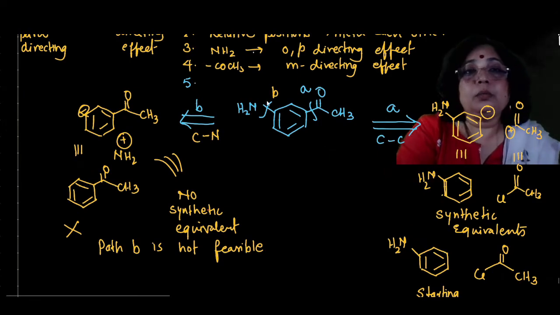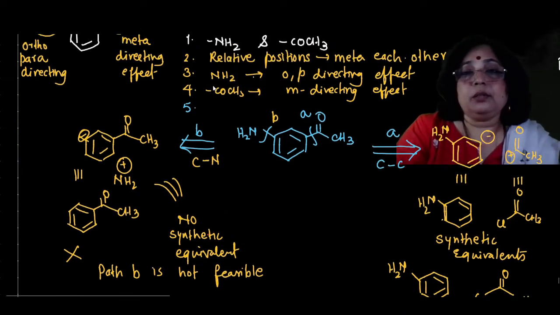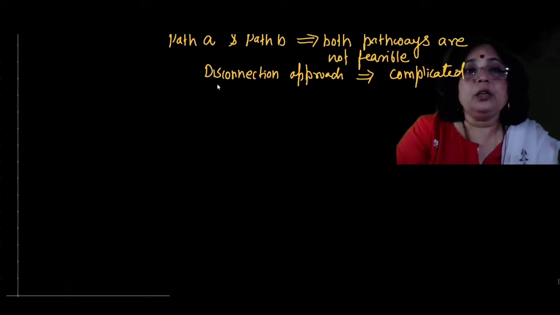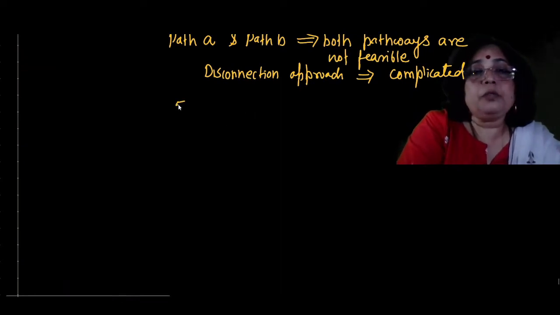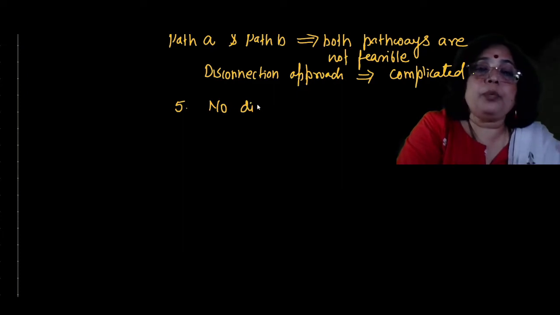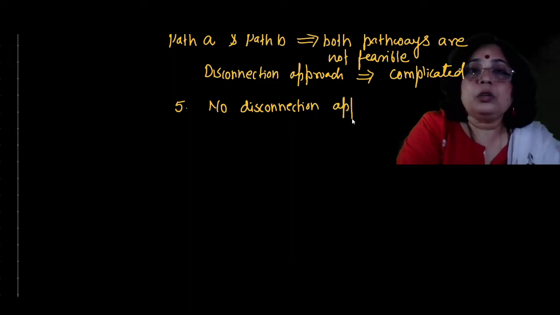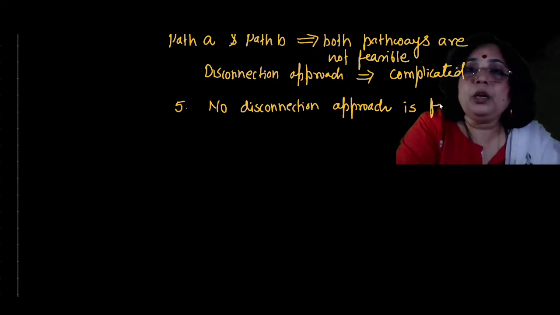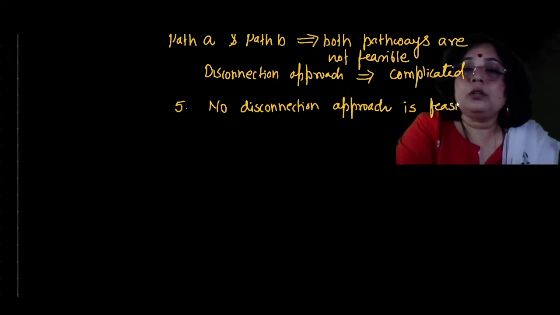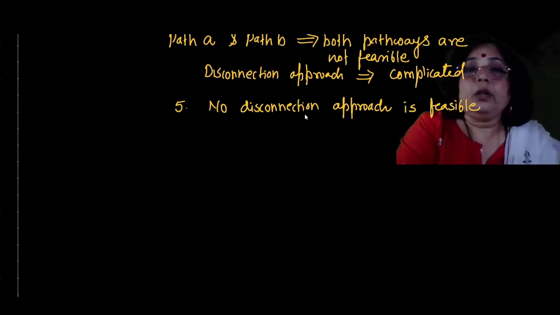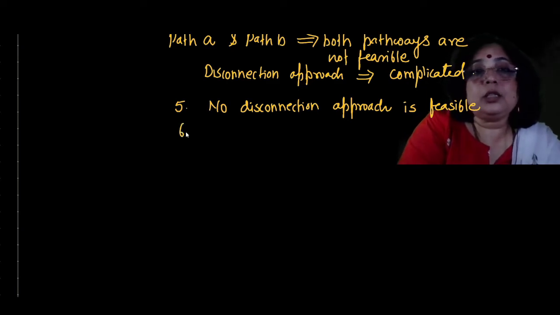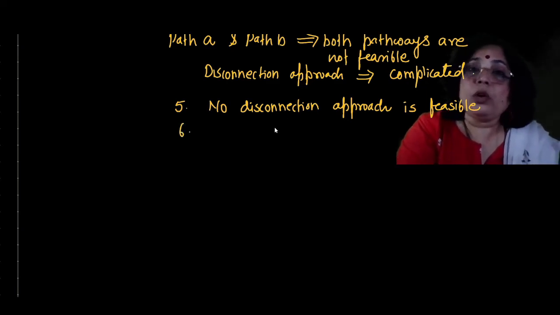So the fifth point we can write over here. What is the fifth observation? No disconnection approach works over here. No disconnection approach is feasible. And the sixth one is, what is the problem?